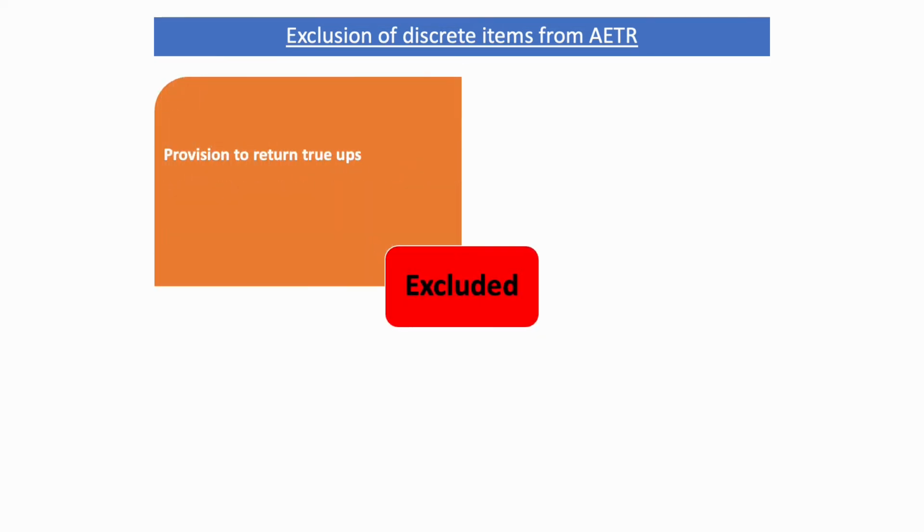So we'll quickly go over some of the exclusions from the AETR, which are also known as the discrete items.